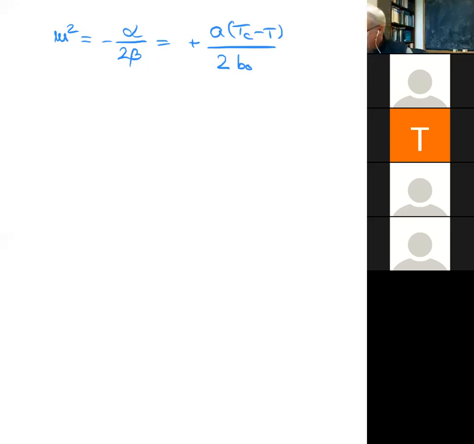4. So if I were to plot that function, this is the free energy density as a function of m, okay? So it has two terms, alpha m squared plus beta m to the 4.